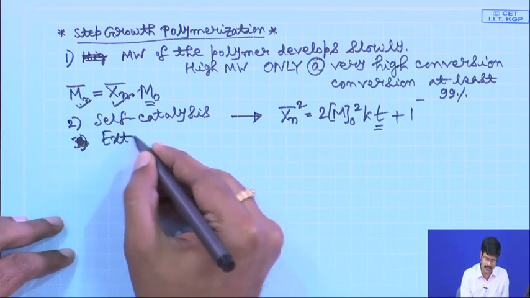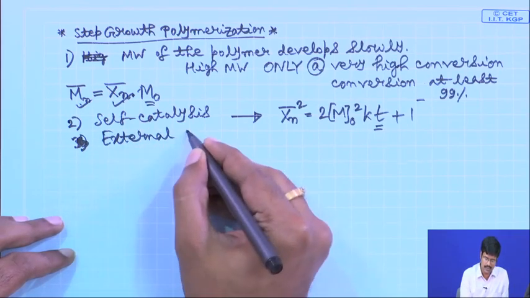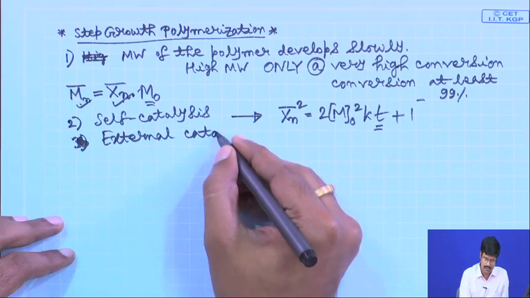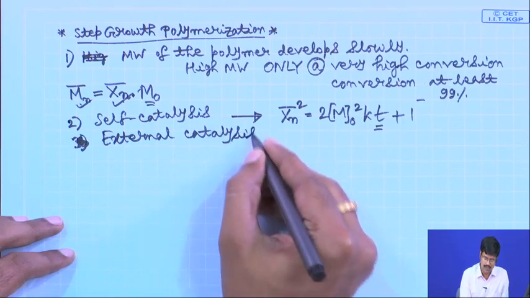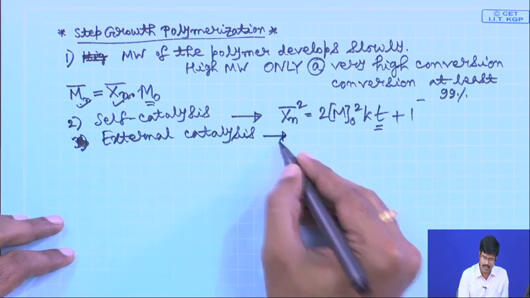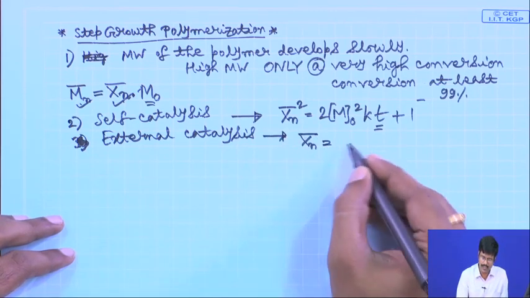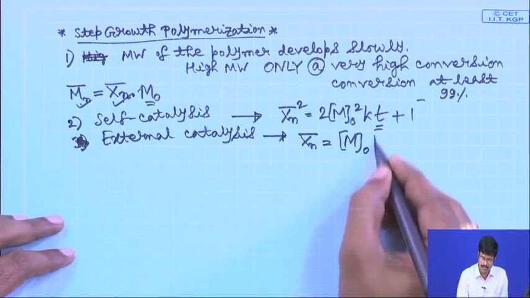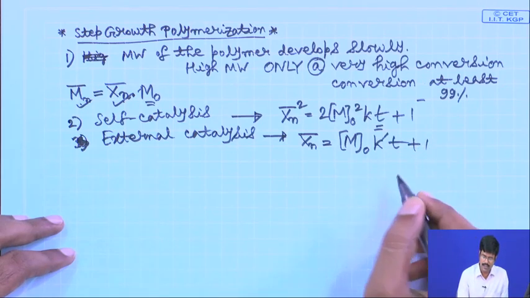and if you are doing an externally catalyzed reaction, so you are adding a small amount of mineral acid as the catalyst, then your x n bar will vary with t linearly.